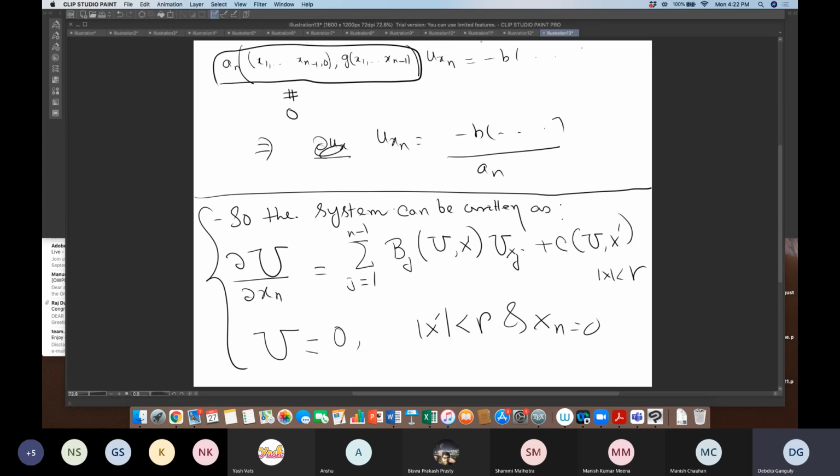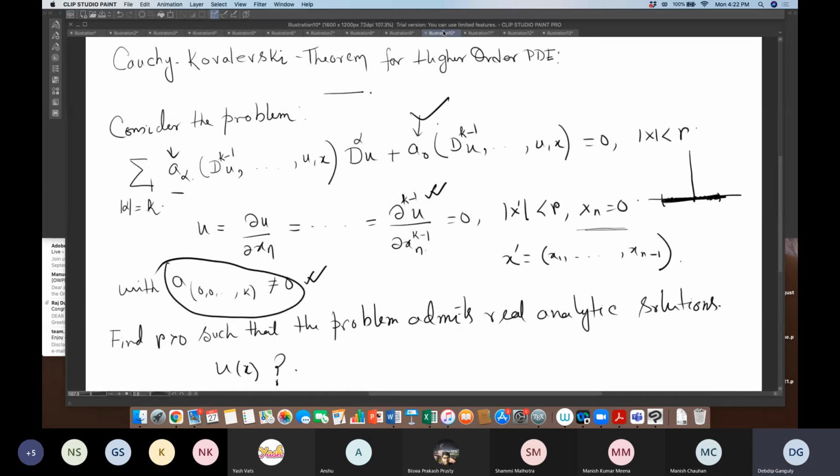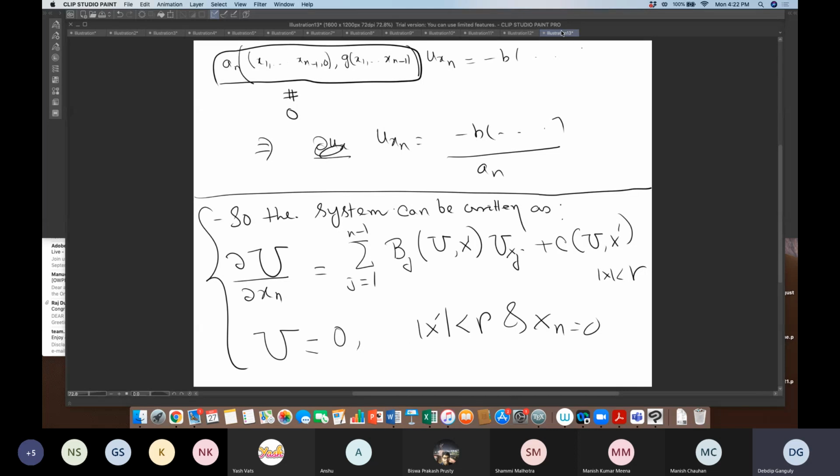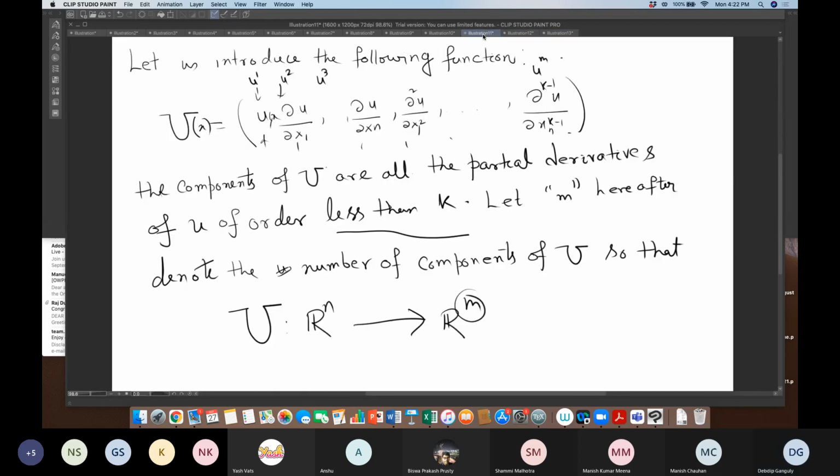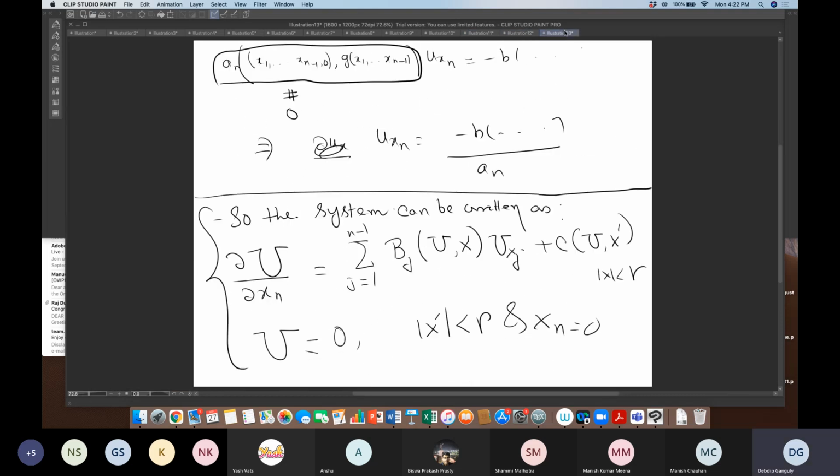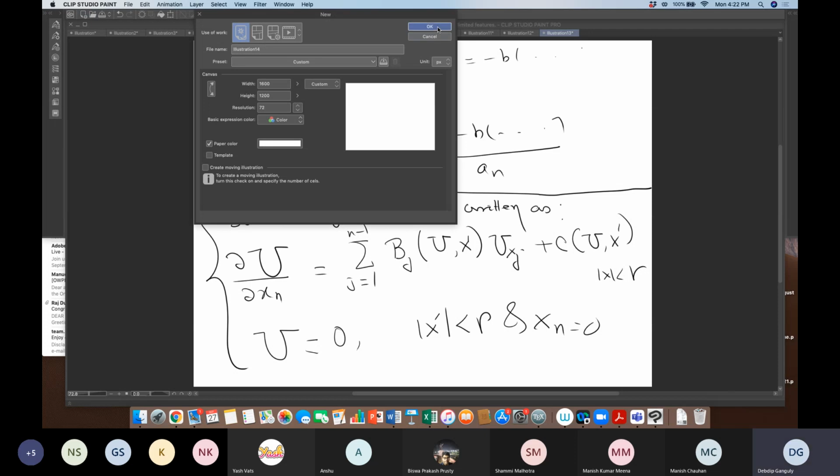So this higher order PDE I can write as a system of first order PDE, by using this variable. Is that clear? You can check with k equal to 2 or 3, taking U1, U2, U3, and then check how to do this. Okay, once I have written this, I can state a theorem.